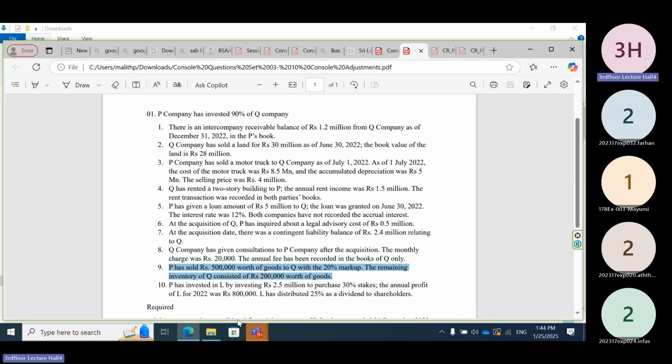If parent sold to subsidiary, the inventory adjustment should be done in the subsidiary's books, and the unrealized profit with the parent. So unrealized profit can be debited to consolidated retained earnings, credit to inventory.